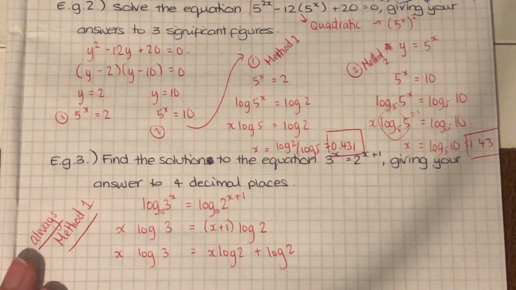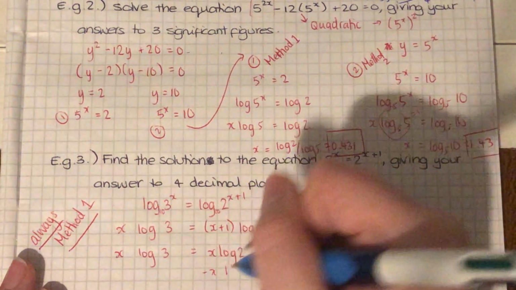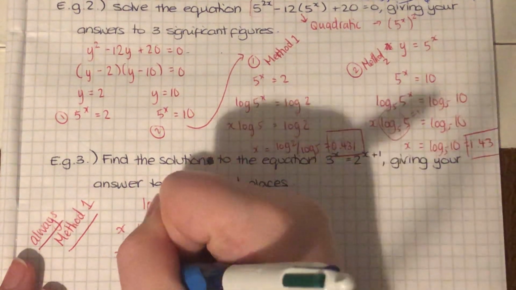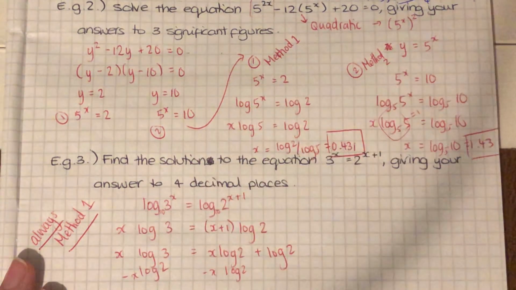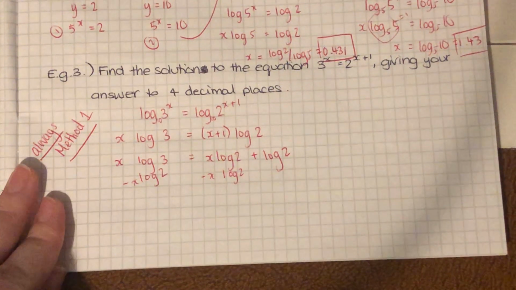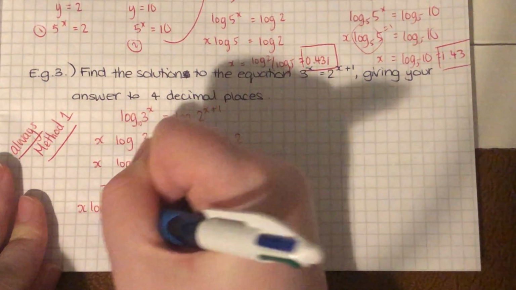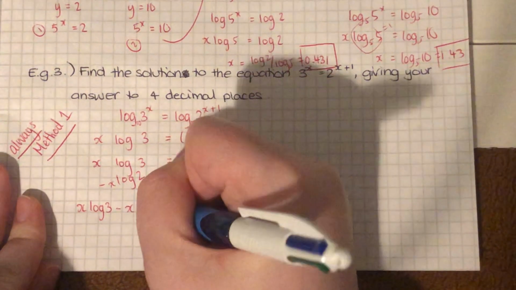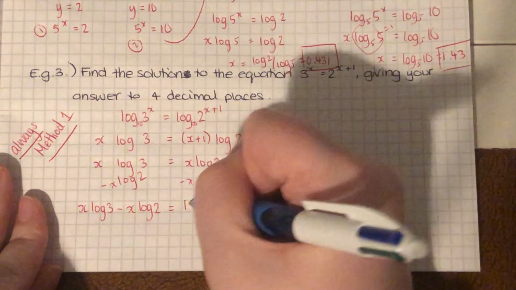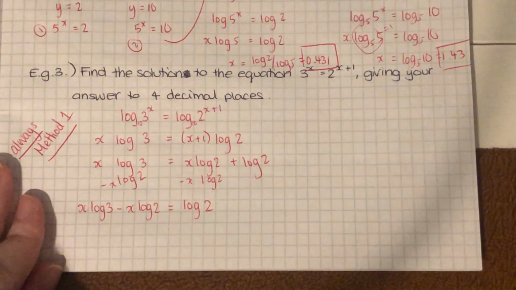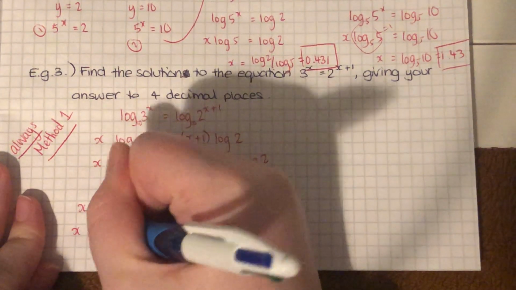Okay, we want the x's to be on the same side, so I'm going to subtract x log 2 from both sides. So we've got x log 3, that was originally there, minus x log 2 equals log 2. Okay, they've both got an x in common, so we can factorise that x out.